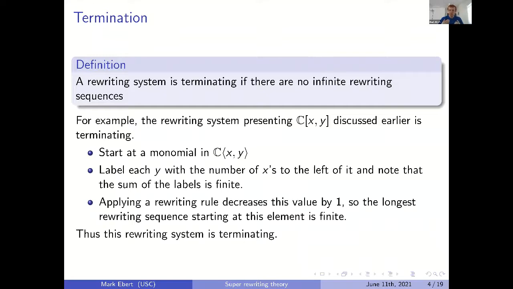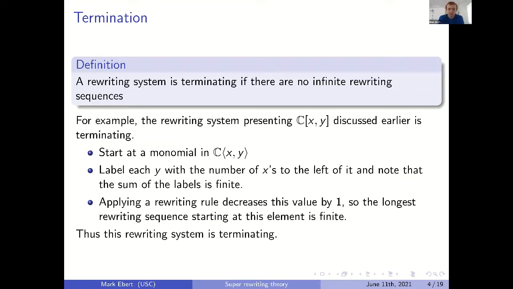A typical strategy to prove termination is to show that a rewriting sequence corresponds to a strictly decreasing sequence of natural numbers. Since there are no infinite strictly decreasing sequences of natural numbers, the rewriting sequence terminates after finitely many steps.